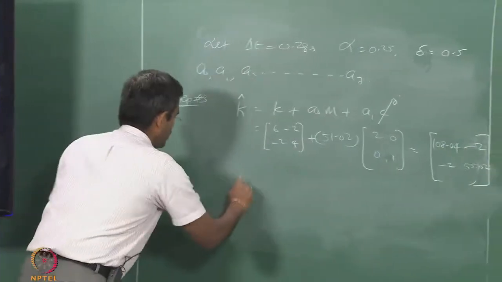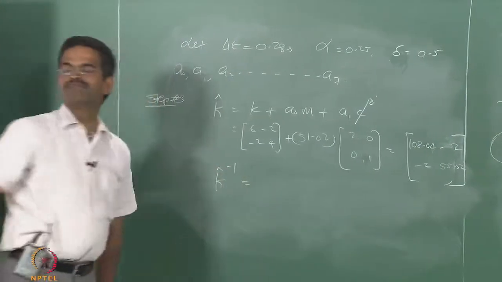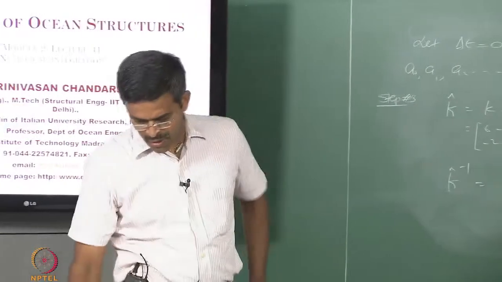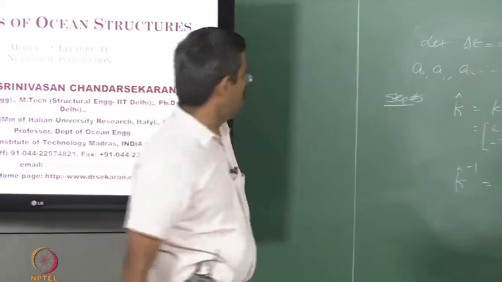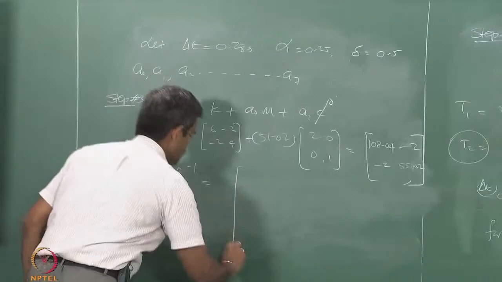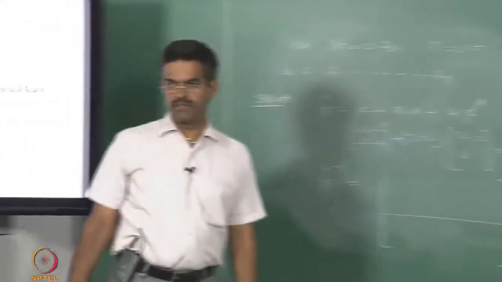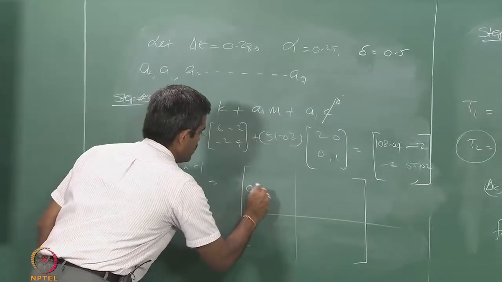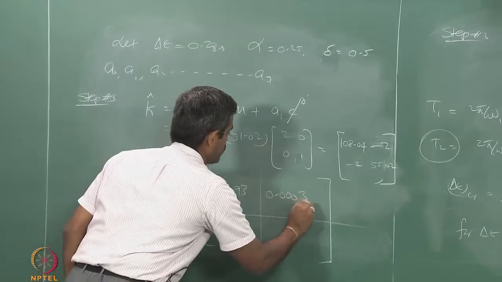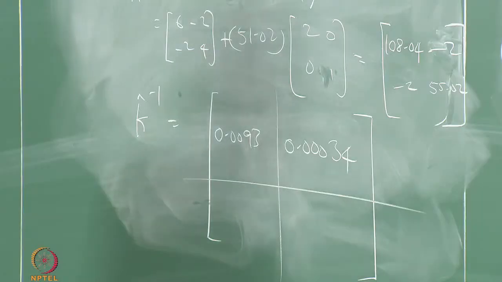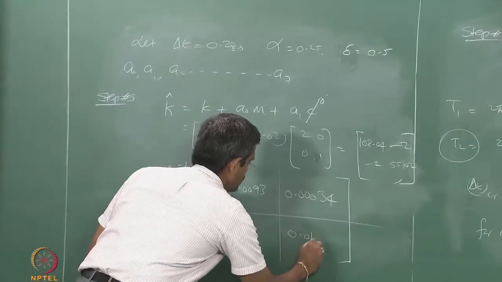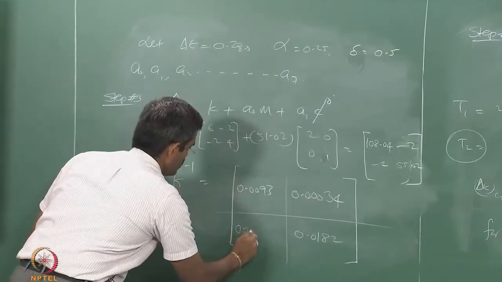Now I want to find k hat inverse as required for finding my displacement. So, can you quickly get me the inverse of this 2 by 2 matrix? It is 0.0093, 0.00034, 0.0182, and it is symmetric.